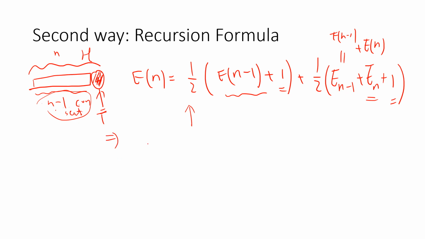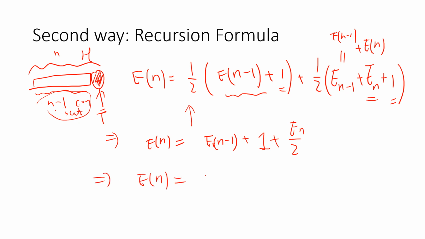From this you can get E of n equals E of n minus 1 plus a half, plus 1, plus half E of n. So basically you can show that E of n is 2 E of n minus 1 plus 2.